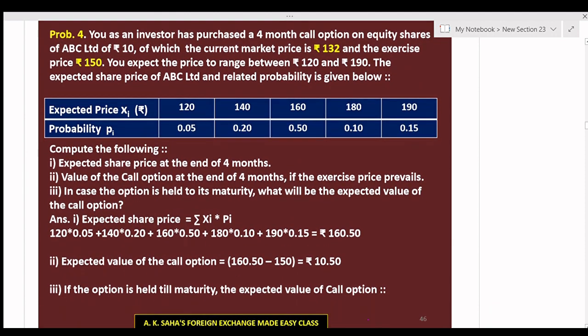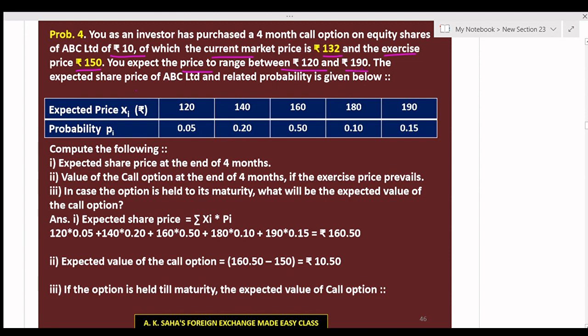Now, next problem. You as an investor have purchased a 4-month call option on an equity share of ABC Limited of rupees 10, of which the current market price is rupees 132 and the exercise price is rupees 150. You expect the price to range between 120 and rupees 190.